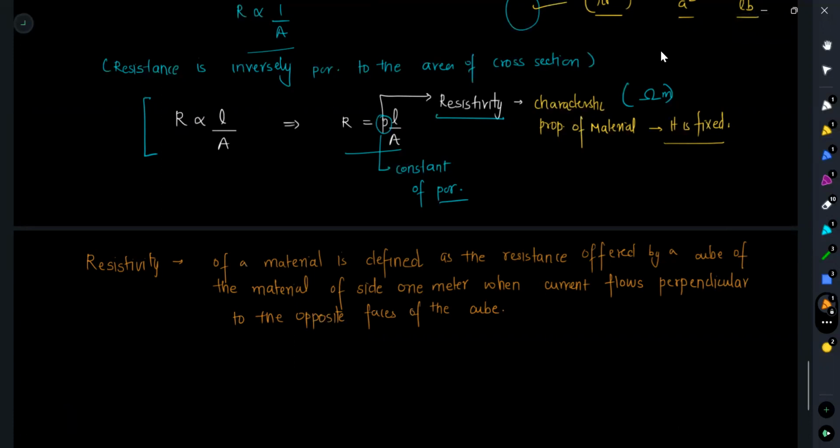So resistivity of a material is also defined as the resistance of a cylindrical conductor of material of cross-sectional area 1 meter square and the length 1 meter when current flows through perpendicular on opposite ends of the cylinder. So other definition or interpretation.